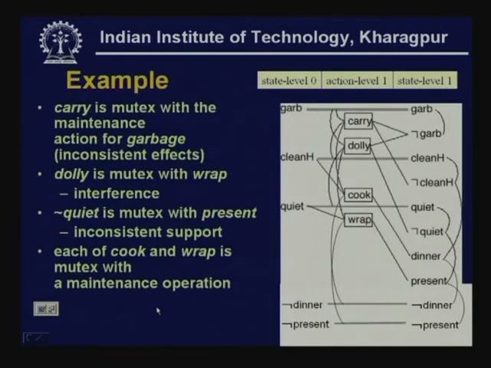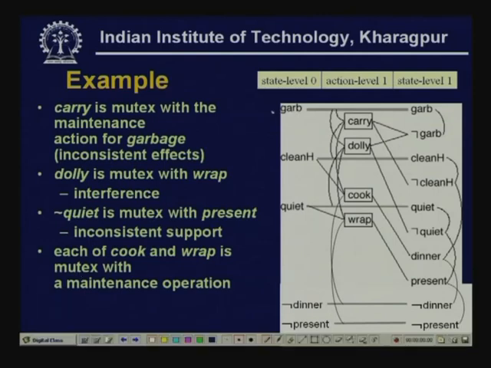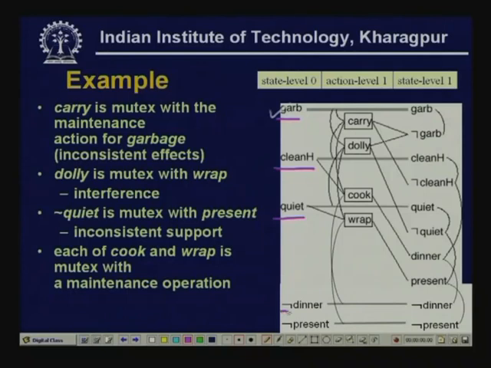Now, let us see what this signifies. In the initial state we have garbage, and then clean hands, quiet. And you also know whatever propositions are not mentioned in the initial state are assumed to be absent. So, in the initial state there is no dinner, no present. Now, what are the actions that one can carry out in the initial state? One can do carry, one can do dolly.